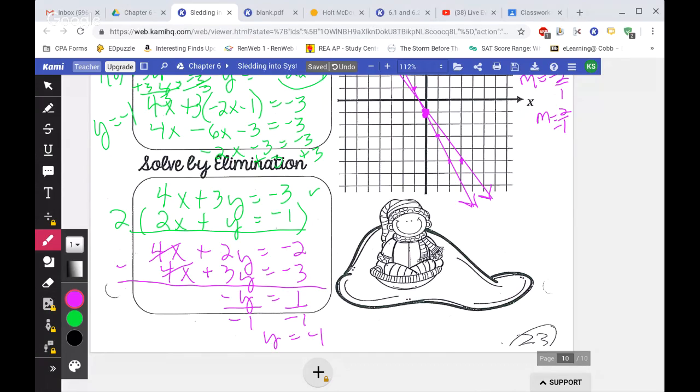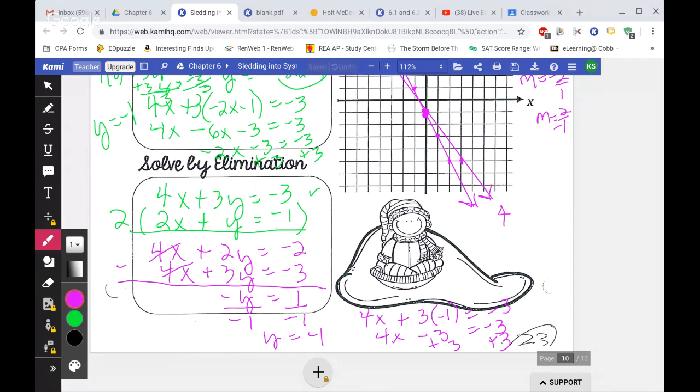I'll substitute negative 1 back into one of the two equations. Add 3 to both sides.